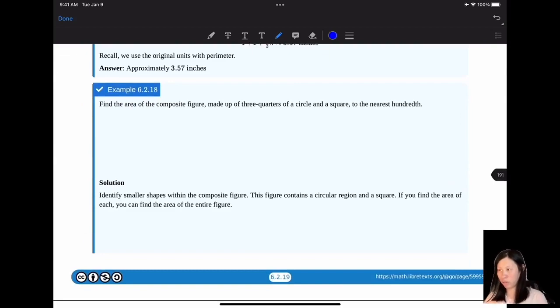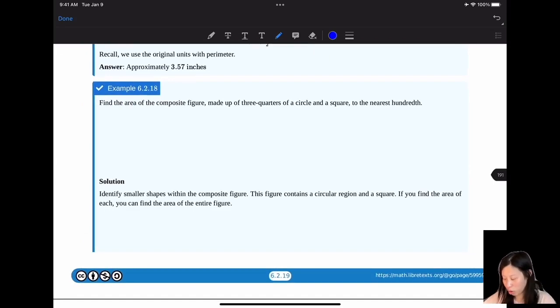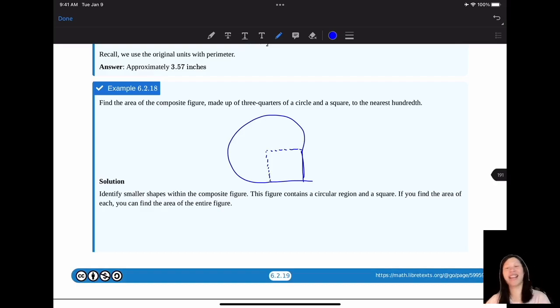Okay, let me try another example. Let's try this one. So here is a circle with a square. My drawing is really bad, but this is a circle and then a square. Again, find the area of this composite figure. It is made up of 3/4 of the circle and a square.